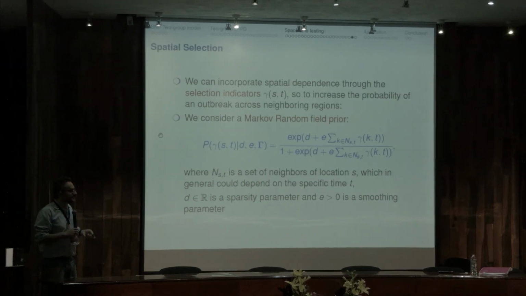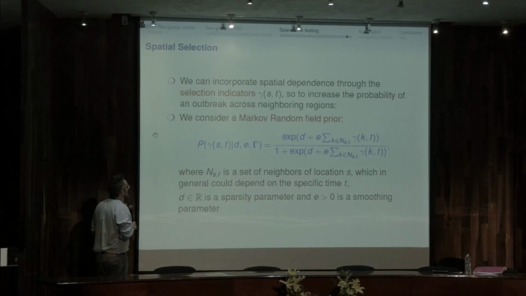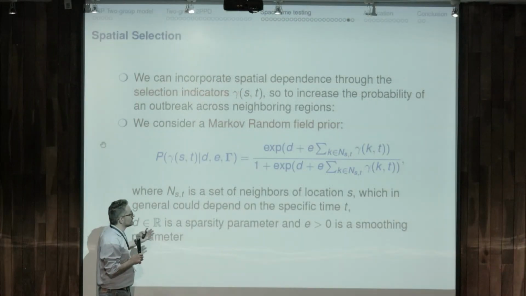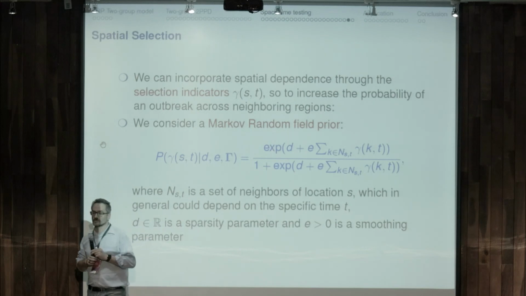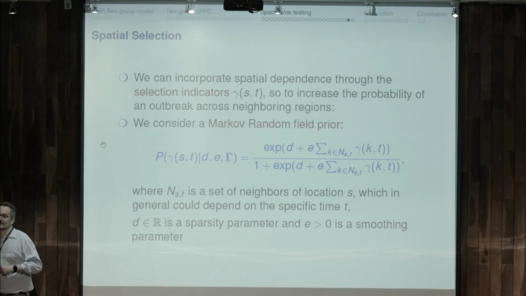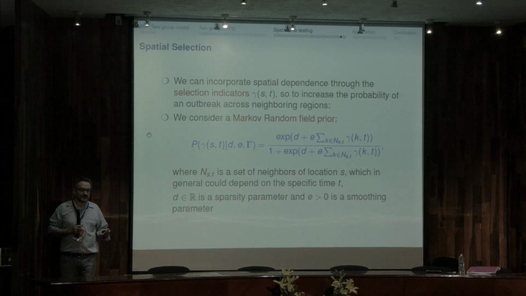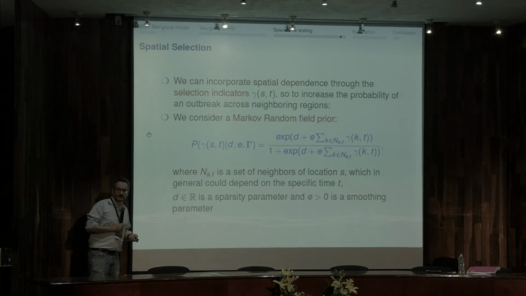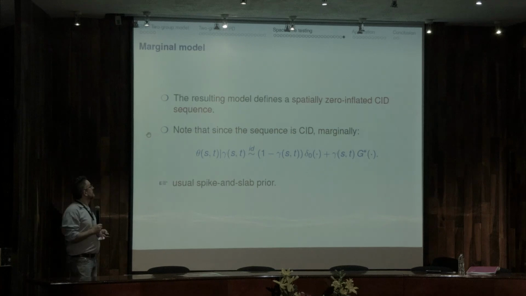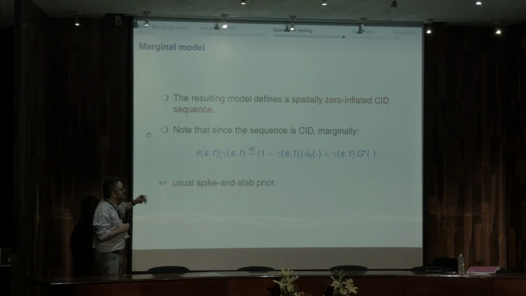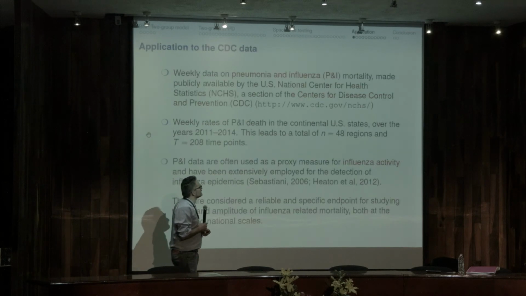In this way, we can be lazy and use known techniques also for computational purposes. So one way to introduce spatial selection is, for example, to use Markov random field priors. Another interesting point is that we're going to have a spatially zero-inflated CID sequence at each time and at each location marginally, which is kind of nice.